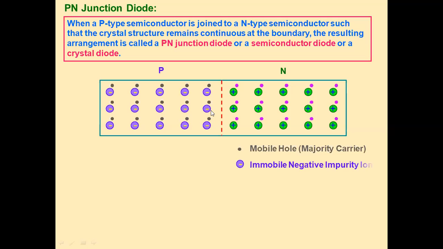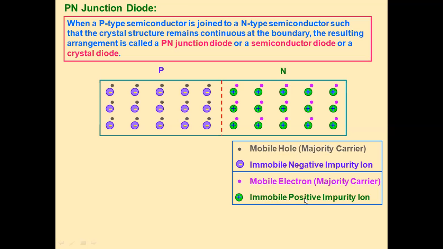In the PN junction, in the P type of semiconductor, the majority carriers are holes, and the minority carriers are electrons. Then in N type of semiconductor, the majority carriers are electrons, and the minority carriers are positive holes.